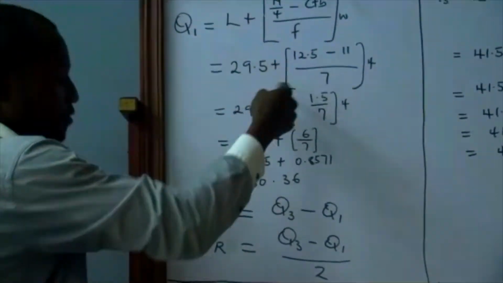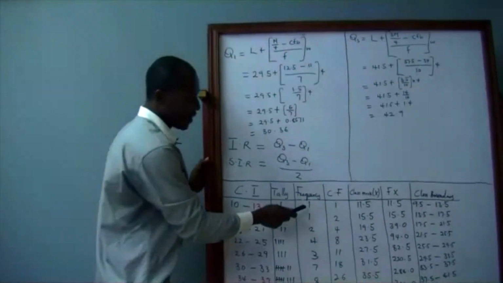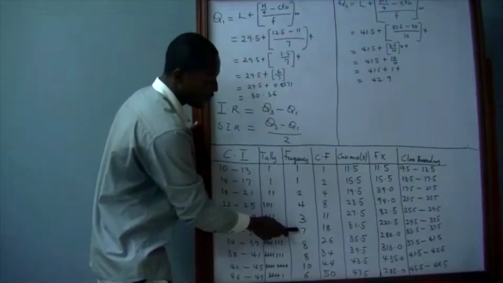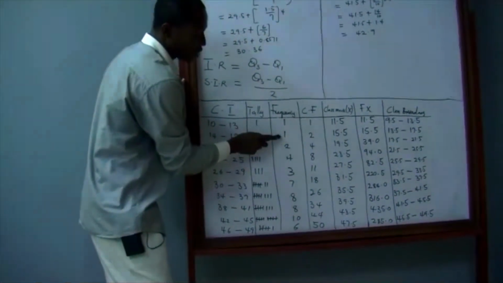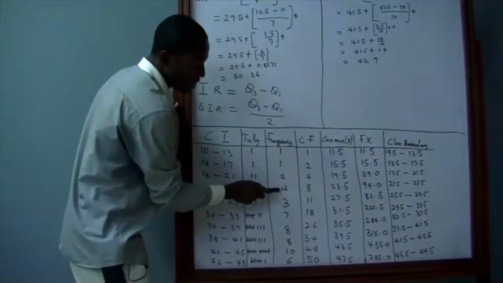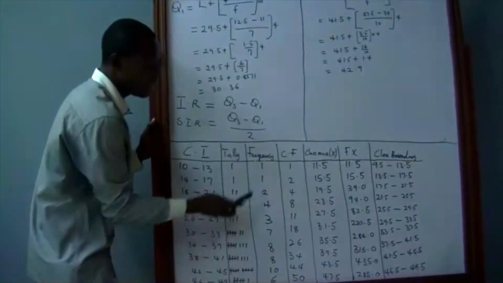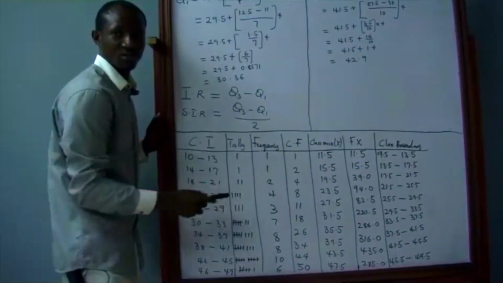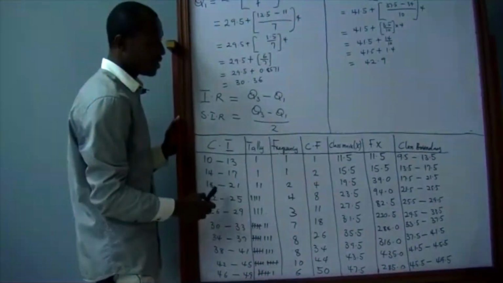So the 12.5th position, where can I find that? If I add the frequency, just like I said before, 1 plus 1 is 2, 2 plus 2 is 4, 4 plus 4 is 8, which is 8 here on the cumulative frequency. But it's easier to use the cumulative frequency to locate it so that it won't be confusing.